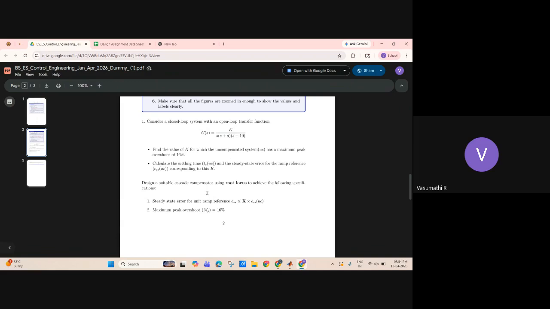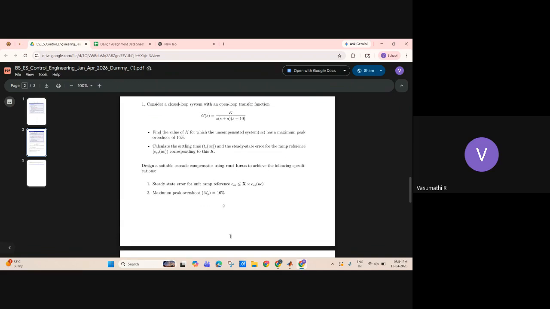No problem. And then comes the design aspects. Find a suitable cascade compensator. Cascade means putting two compensators together, but you don't necessarily put two or three compensators. Since we have assigned a unique data set to everybody, some people might get the results with one compensator.